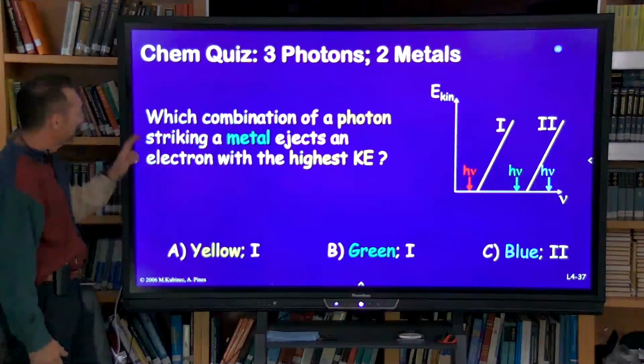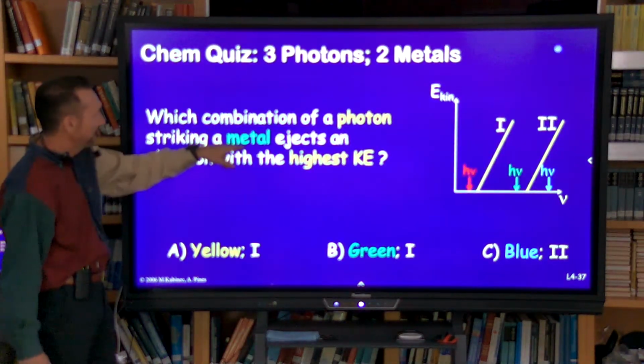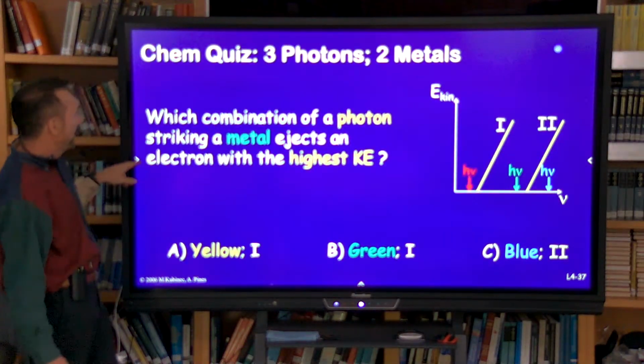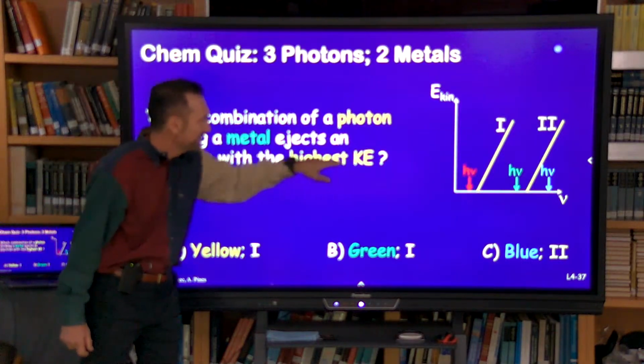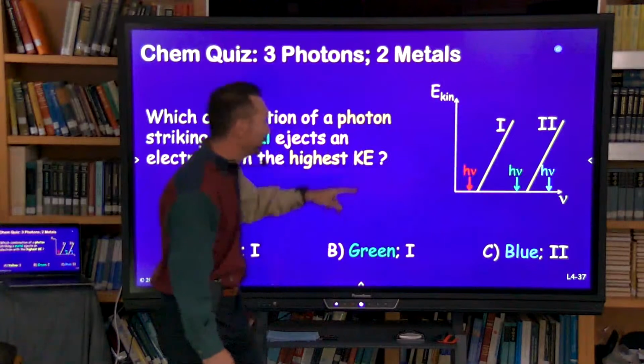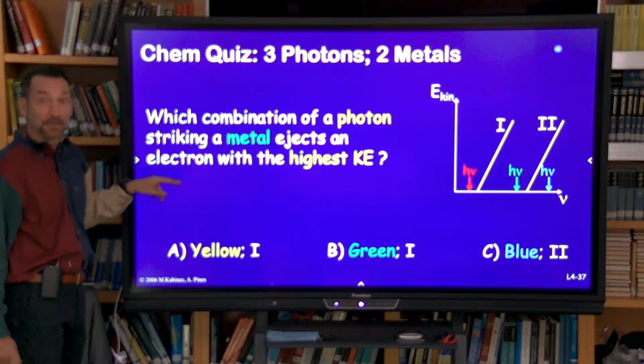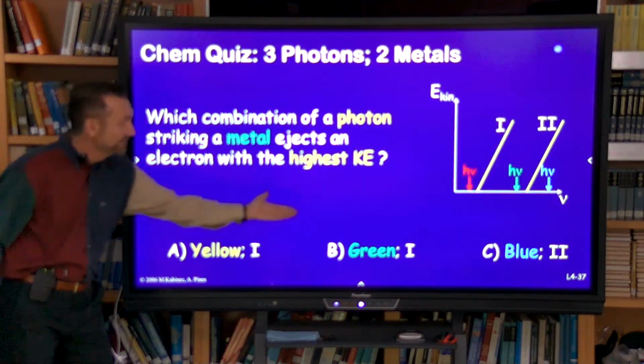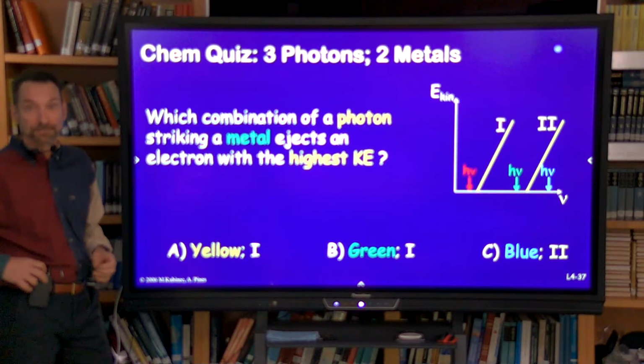So the question is, which combination of photons striking the metal ejects an electron with the highest kinetic energy? So we have 3 possible photons, 2 possible metals. Which combination among these is the highest in kinetic energy?